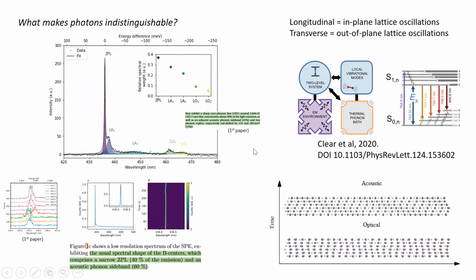But the main point for this paper is that we don't want these ones, because the dephasing introduces distinguishability, which reduces the visibility of your two-photon interference. So the idea is that we want to take this spectrum and only get the zero phonon line photons.